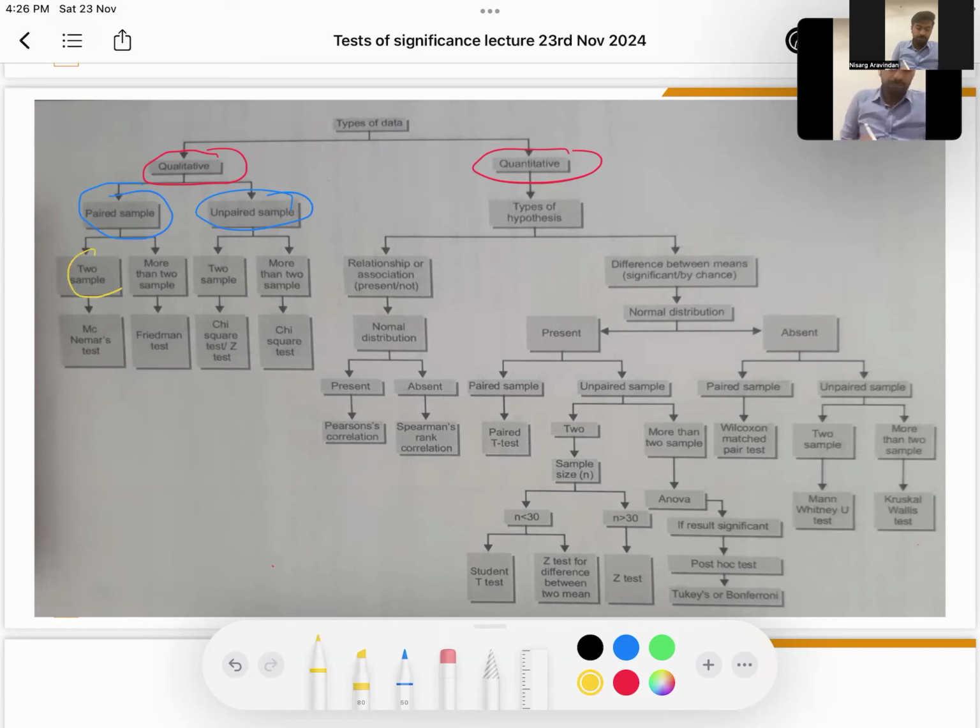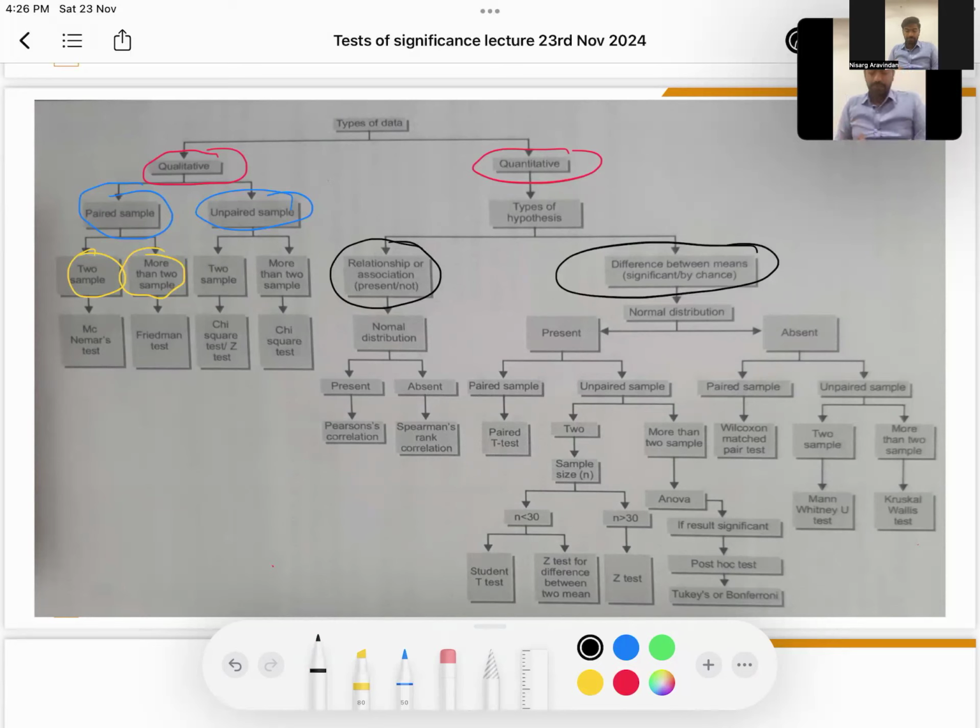Next, we have to see whether they are two samples or more than two samples. This is the usual categories. But here in this case specifically, we also have the association or no association. And more importantly here, whether normal distribution is present or normal distribution is absent.